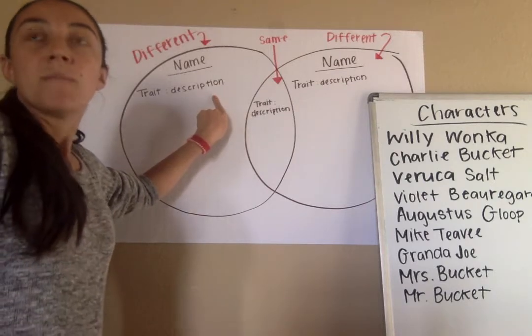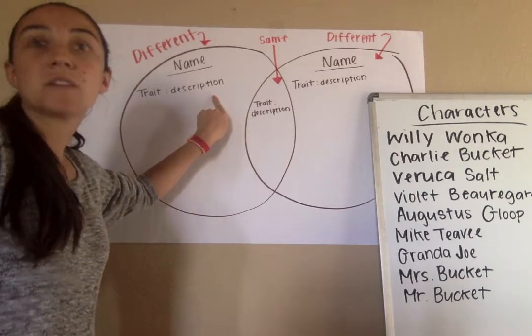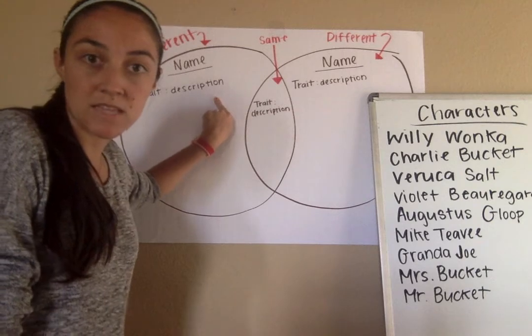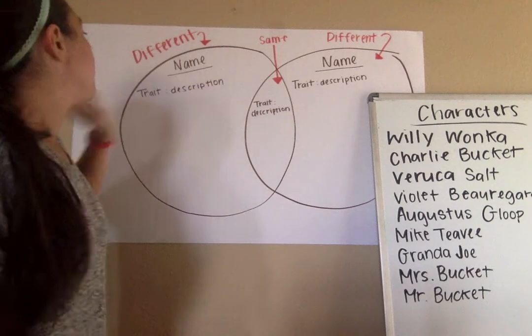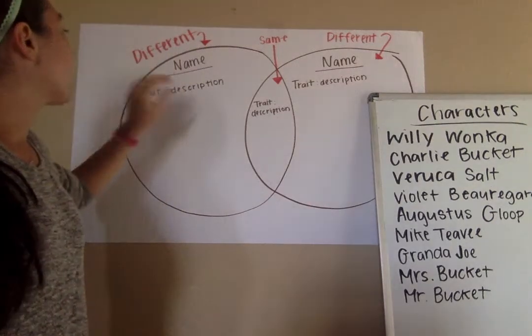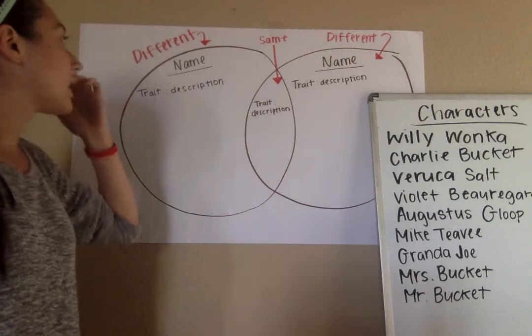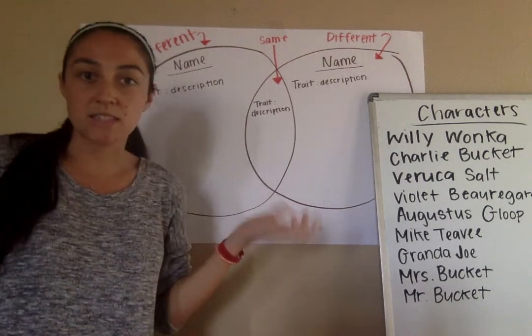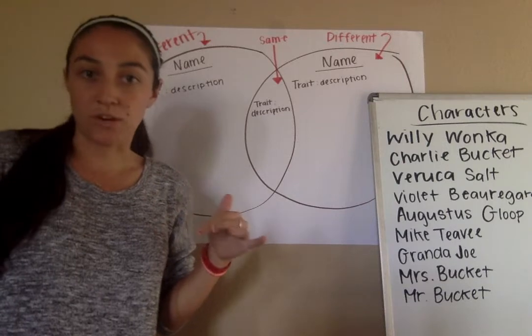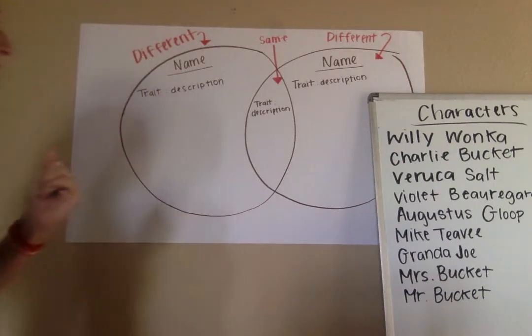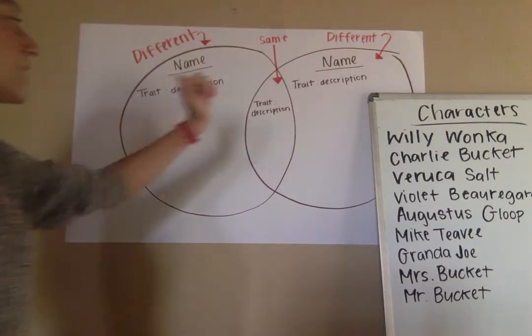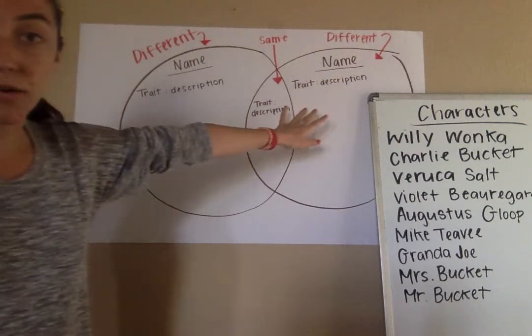So maybe that could be spending time with his grandparents in the evening, or try to come up with as many descriptions as you can, because tomorrow when you write this, your paragraphs will have more examples. Maybe you want to compare Charlie to somebody like Veruca or Violet.